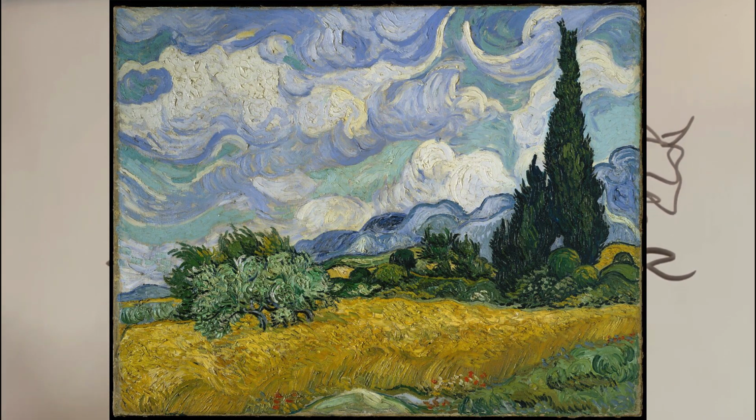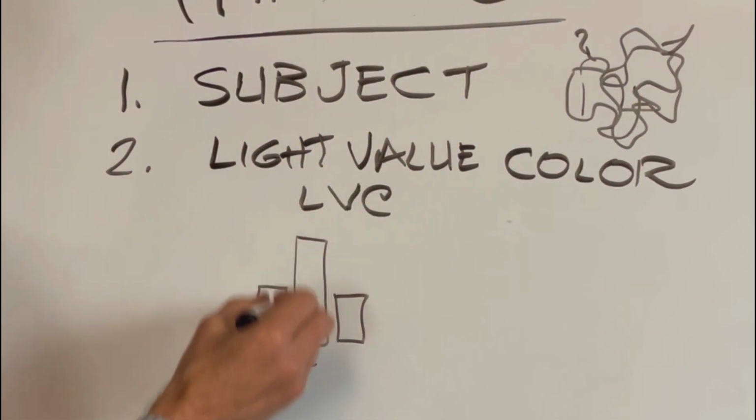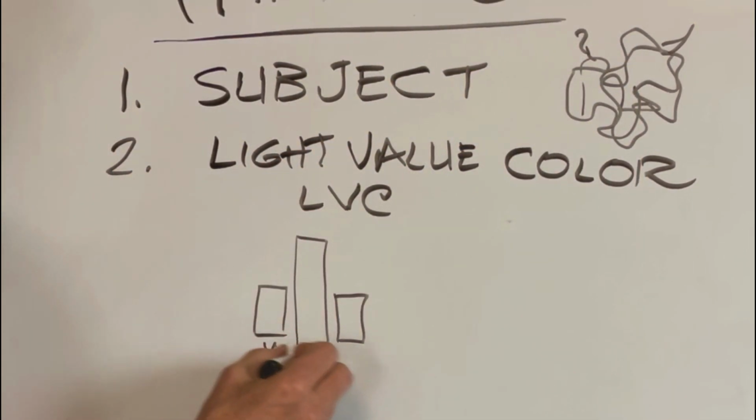So depending on how your mind processes ideas like this, you could look at it this way, that in a given painting, the light effect could be primary, value and color secondary.